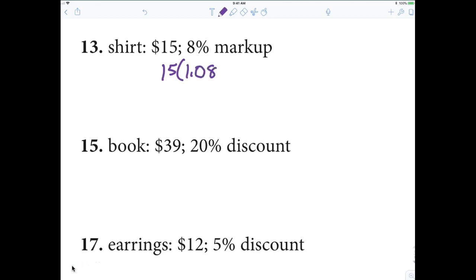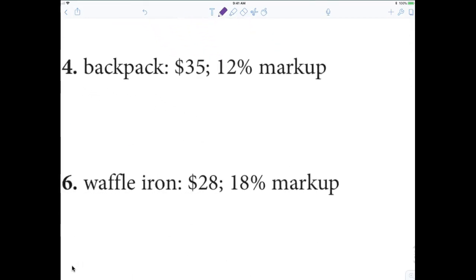So I'm saying be careful because on your test, 8% can easily be misunderstood as what? 80%. So 1.8 would be 80%. Is everybody hearing me? 8% is 1.08. So Abby, tell me what that is. Or $16.20.